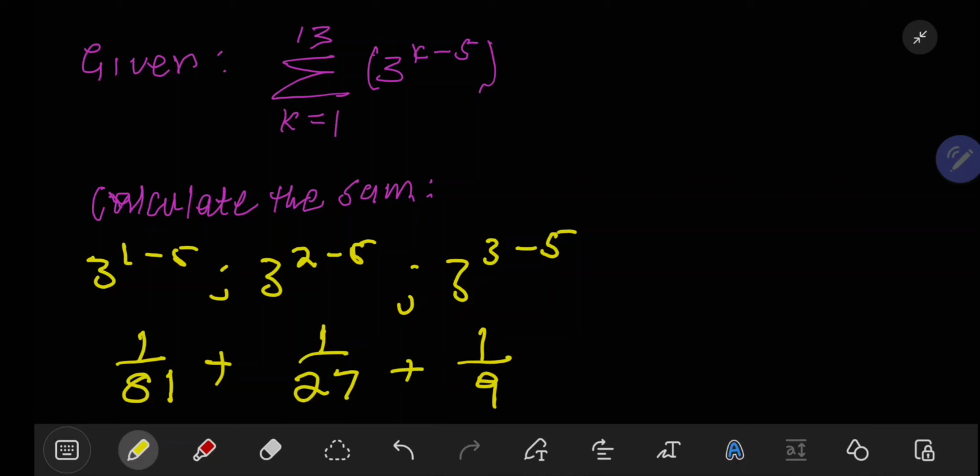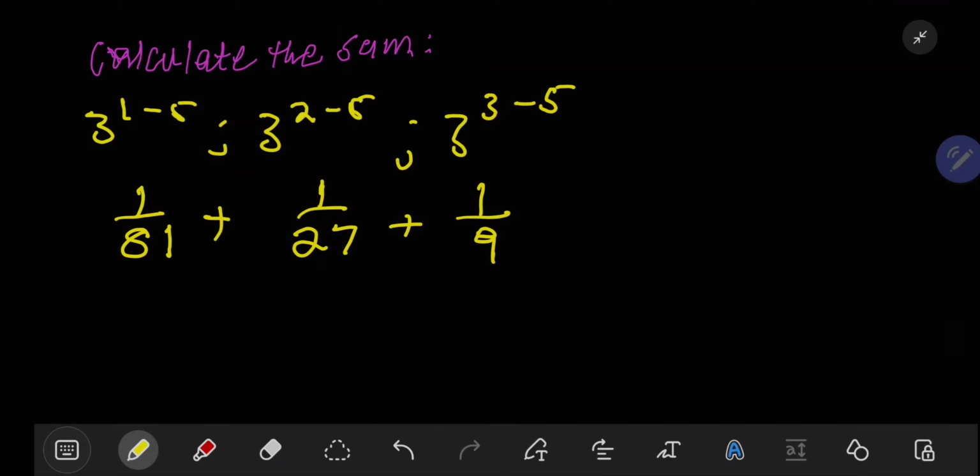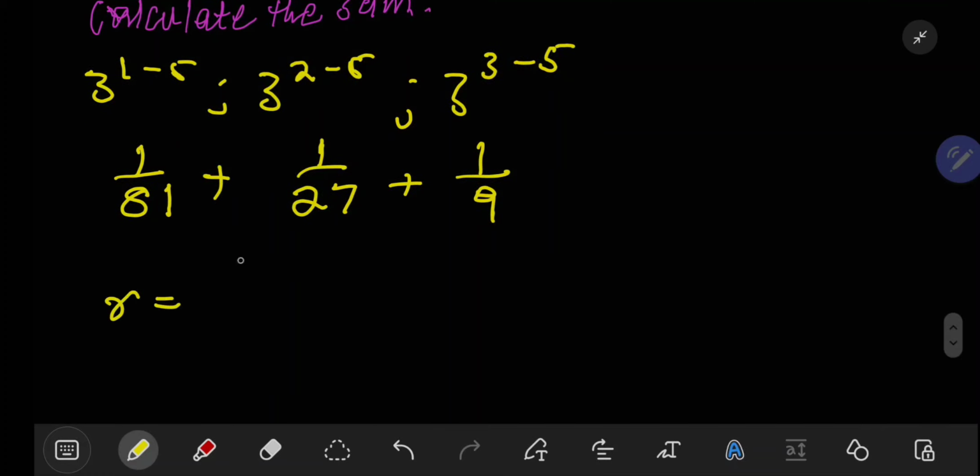Now we have to check the kind of pattern that we're dealing with. By the looks of things, you can see that you cannot have a common difference here. Rather, we're having a common ratio. So our common ratio in this case means r is equal to T2 divided by T1.